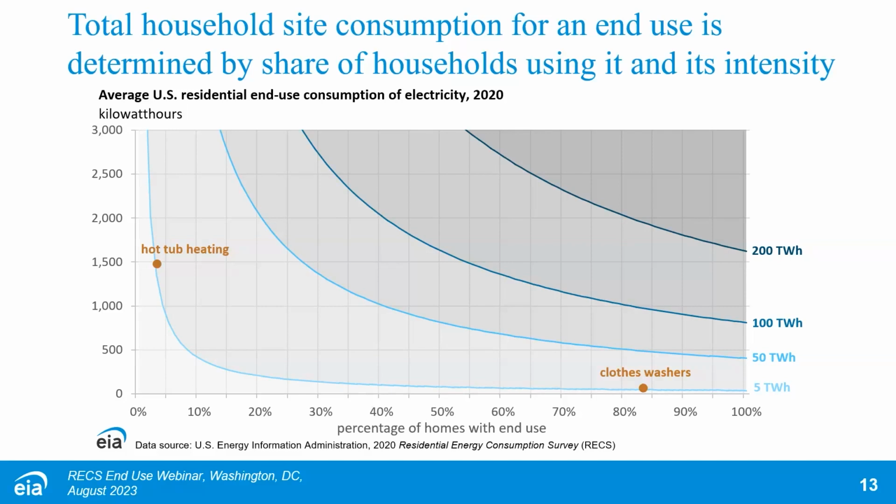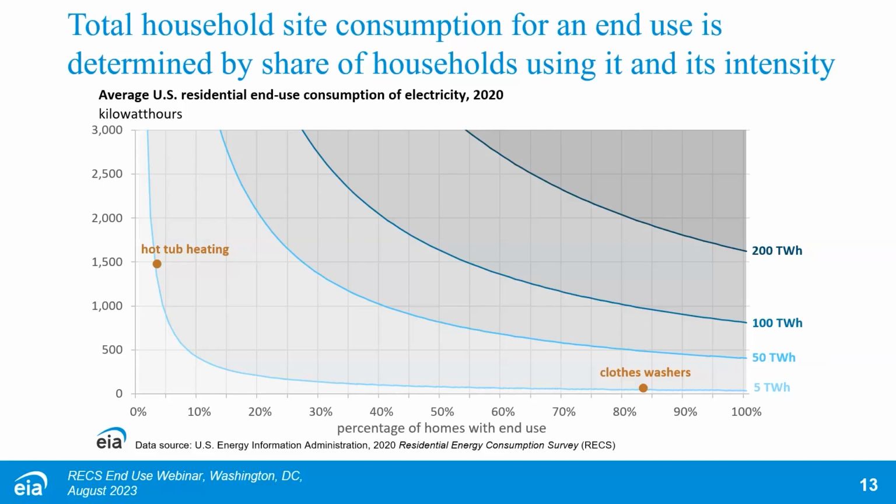So clothes washers are used by a large proportion of households, but they use relatively little electricity within the household. So even though most households have a clothes washer, they're only contributing about 5 terawatt hours to total household site consumption. On the left, you see a dot for hot tub heating.